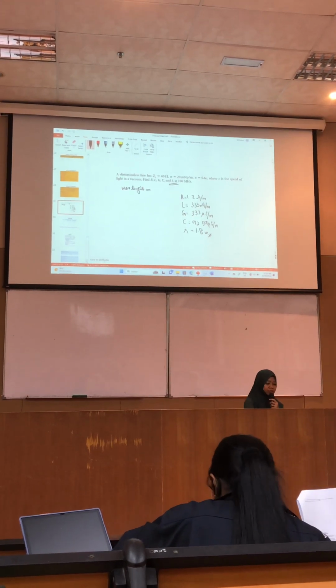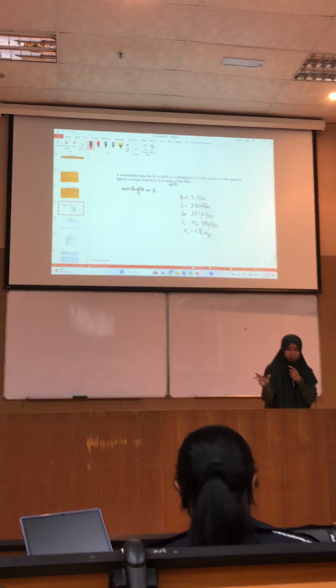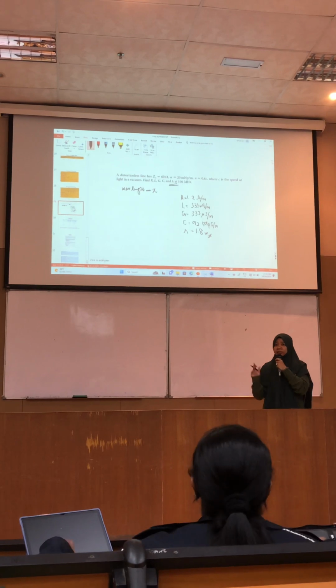In transmission line, the length is calculated in lambda.